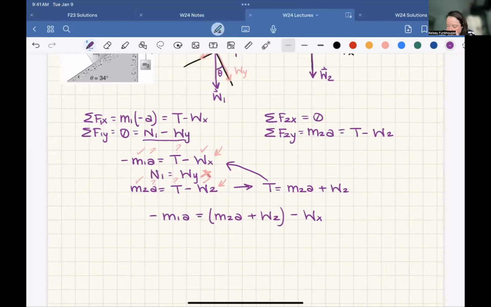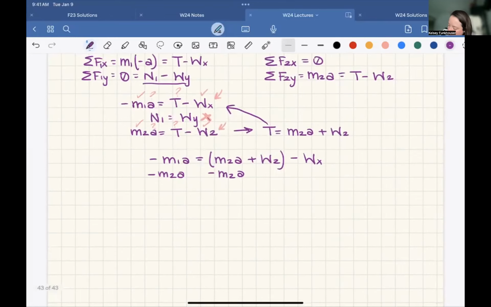I guess we will just subtract this on both sides and we will eventually divide both sides by -1 to get rid of the ugly negative sign. So you can write this as negative a times m1 plus m2. I just pulled the negative out and a out of both of those. And this one is weight 2 minus the x component of weight 1.